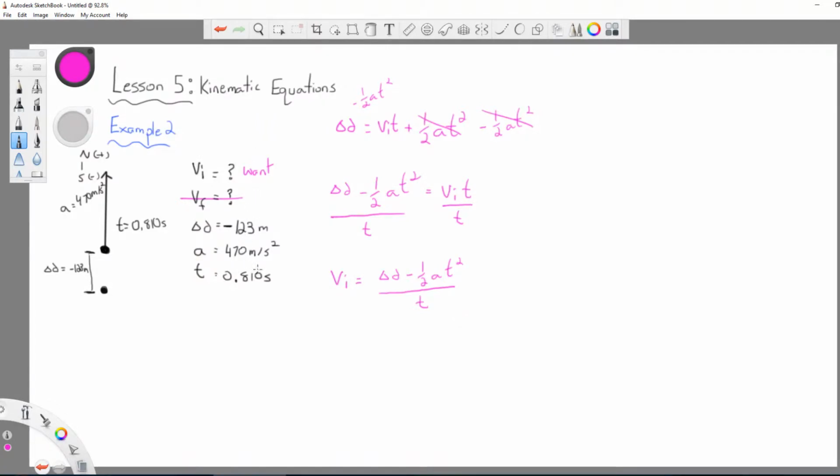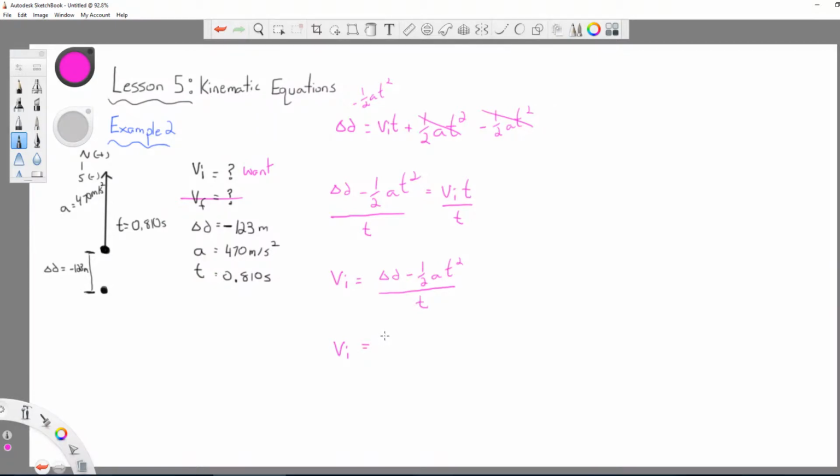If you want to plug your numbers in now, put your T, your A, and your delta D in, with T down here again, that will solve your problem. I personally like to clean it up a little bit and make it look nicer. I'm going to divide by T, essentially expanding it into both terms. You can skip the step and jump straight to the answer if you prefer, but I like to make it in this form.